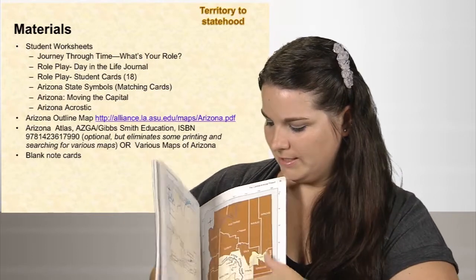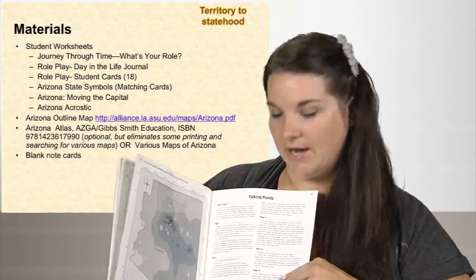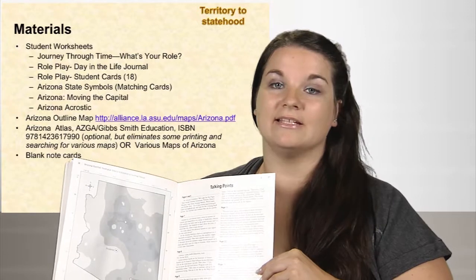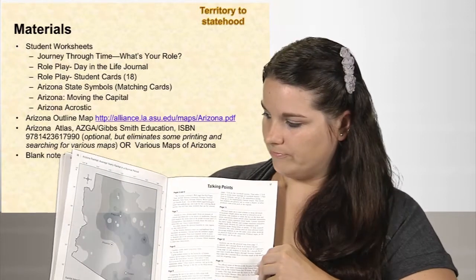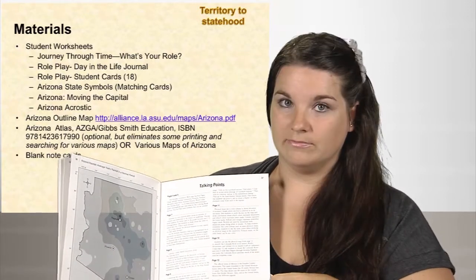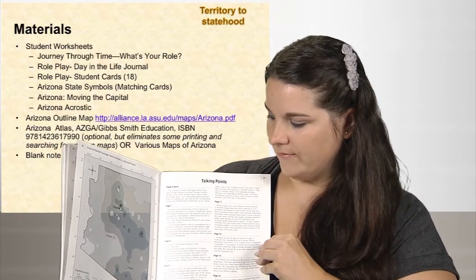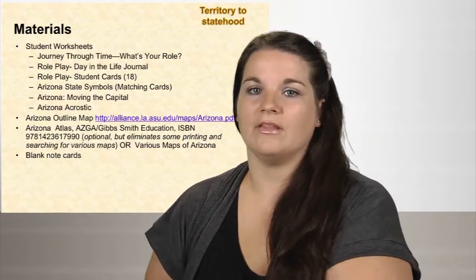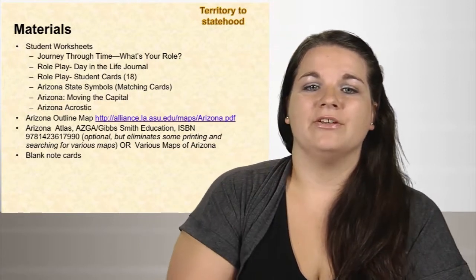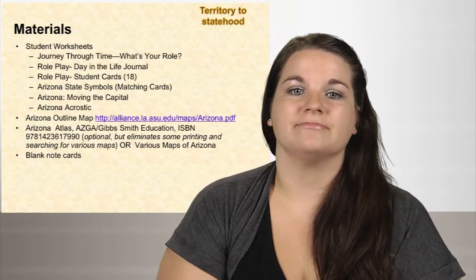And the nice thing about it is at the back, it also talks about how each of these maps could tie into lessons for the state of Arizona. And then you'll also need blank note cards.